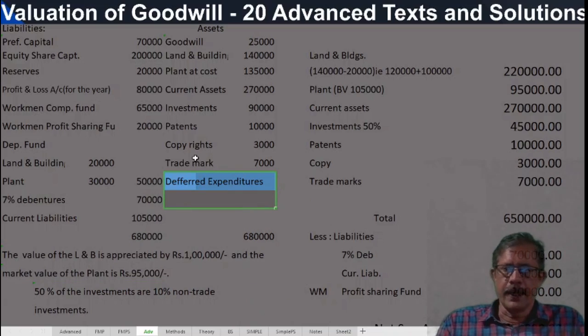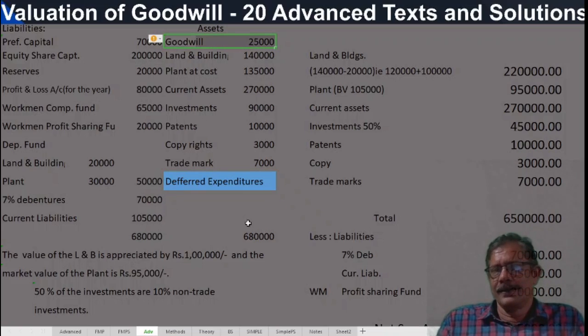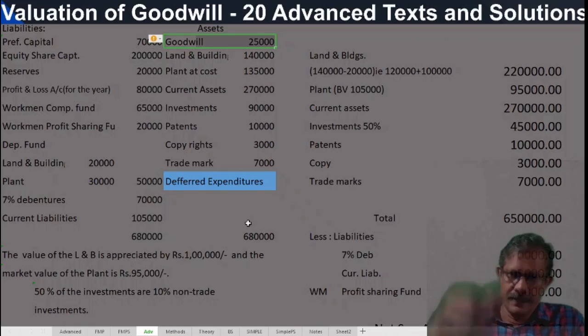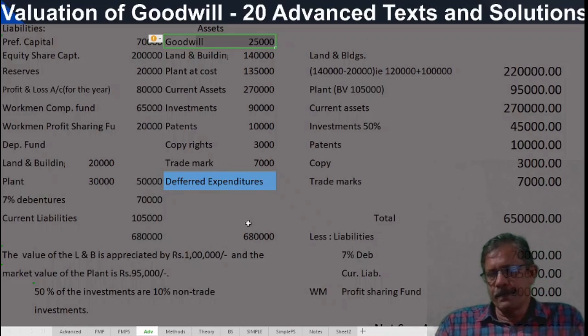Nobody will buy the goodwill shown in the books saying, take my goodwill and satisfy it. It is not possible. That is why, for valuation of intangibles, the accounting standards clearly mention certain standard procedures, such as identification.